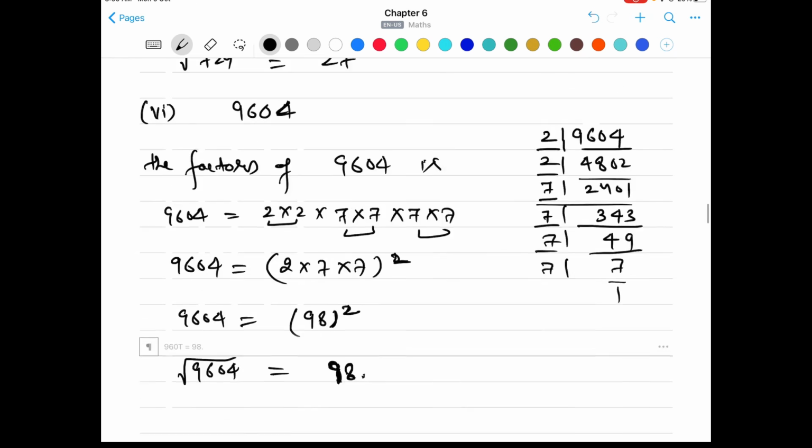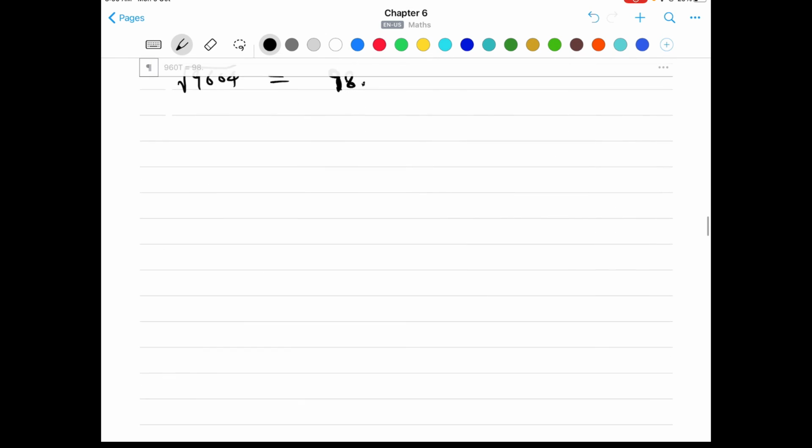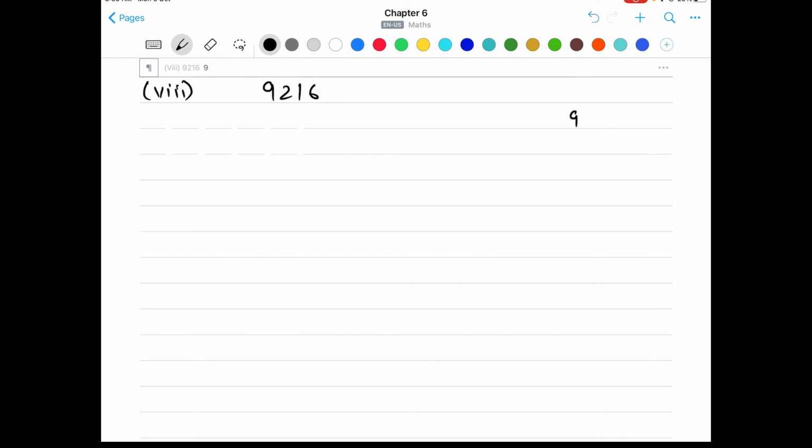Now moving ahead, we are going to do one more part, which is part number 8, and the number is 9216. Again we are going to find its prime factors. Okay, let's start. 9216, draw this line here. First we'll divide this by 2, we'll get 4608.